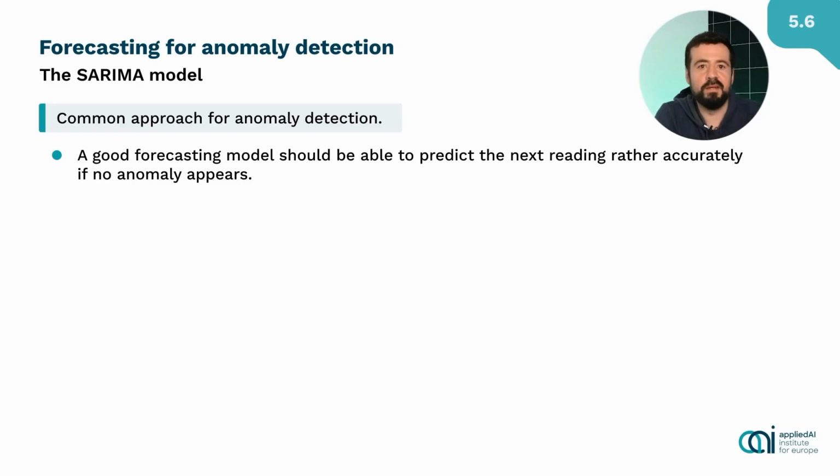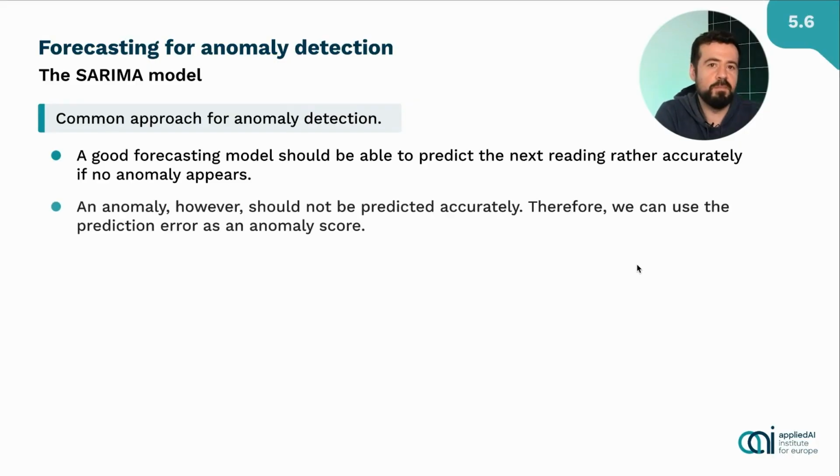Now that we've learned about the basics of time series analysis, let's talk about how to do anomaly detection in time series. In this lesson, we are going to talk about a very common approach for anomaly detection in time series, namely anomaly detection by forecasting error. The idea is, if we have a very good forecasting model, then it should be able to predict the upcoming values rather reliably.